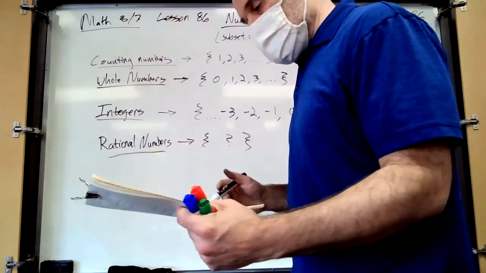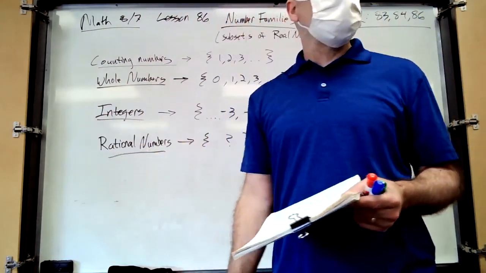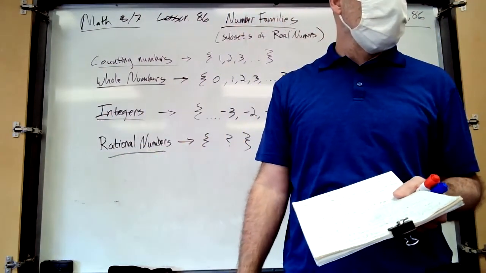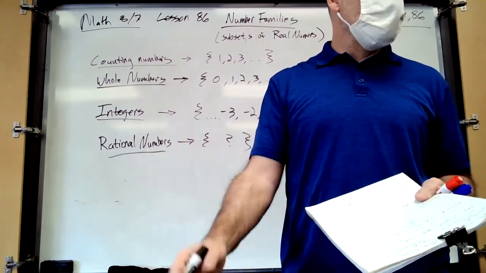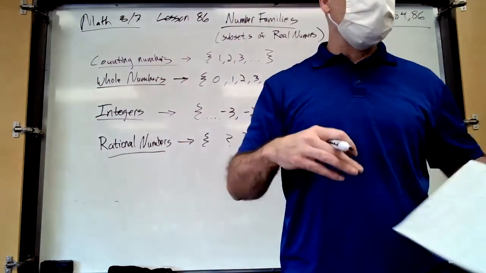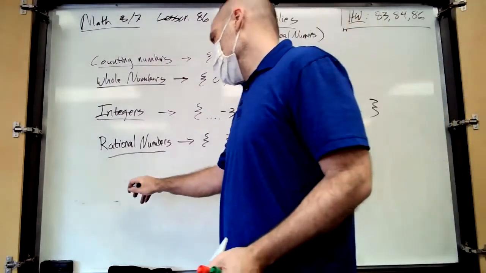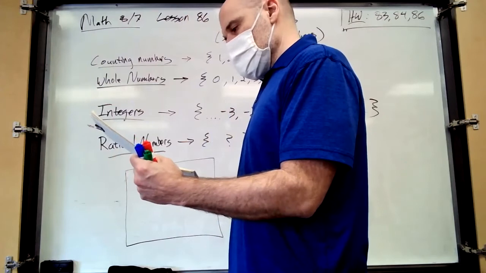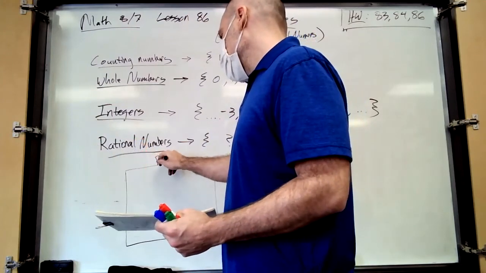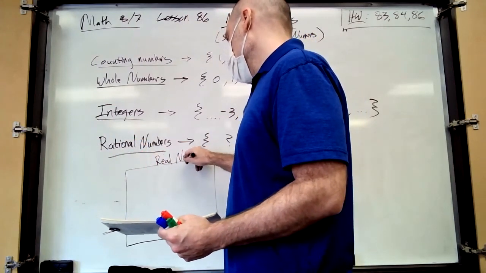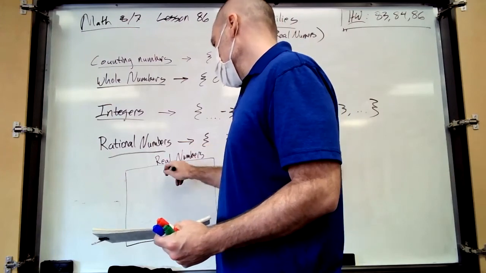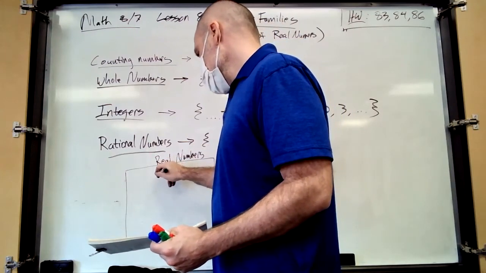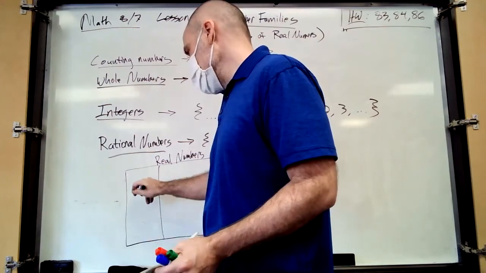Now, here's what happens. Do you guys know what a Venn diagram is? Yeah, it has circles within circles, and sometimes they overlap. Well, inside of this big thing, these are all of our real numbers. And inside the real numbers, there's only 2 sets.